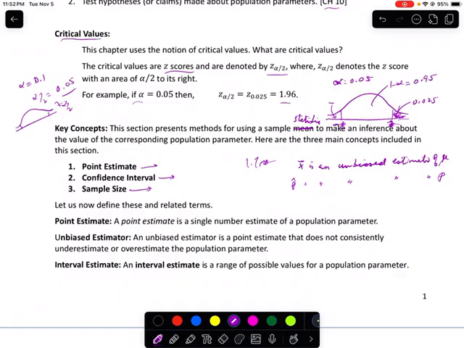So we say that the X bar 1.7 is a good estimator, actually the best estimator.